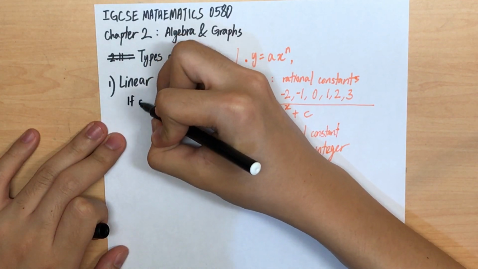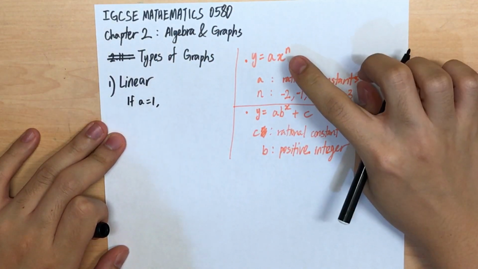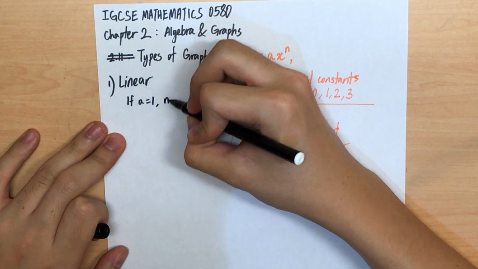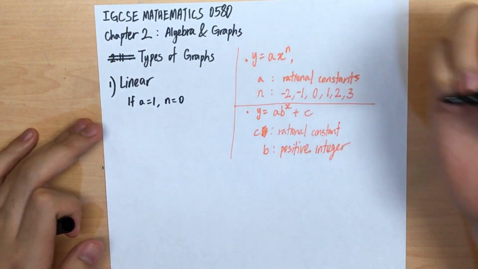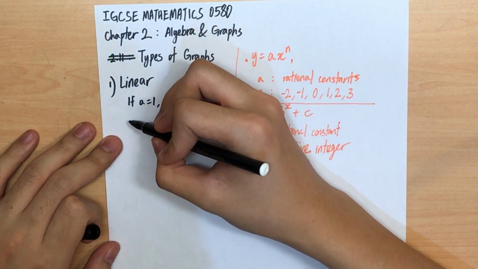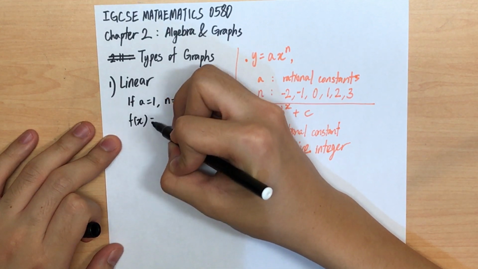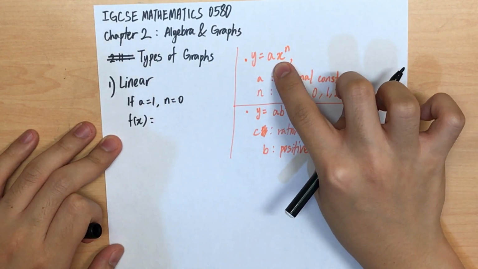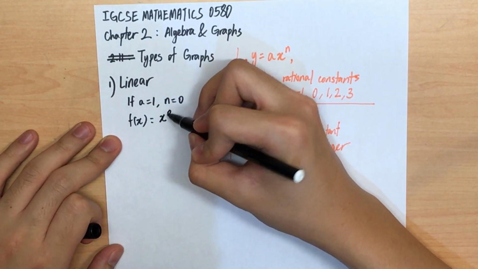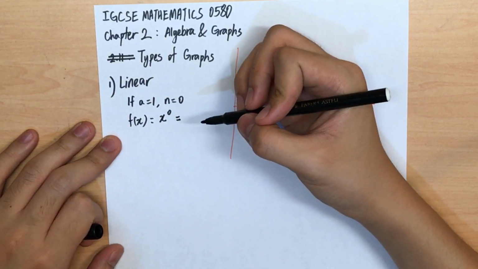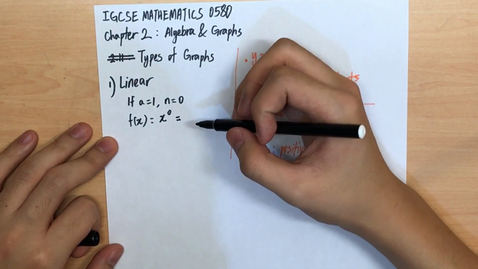If a is 1 and n is 0, then we have f(x) equals 1 times x to the power of 0, which is a linear graph.